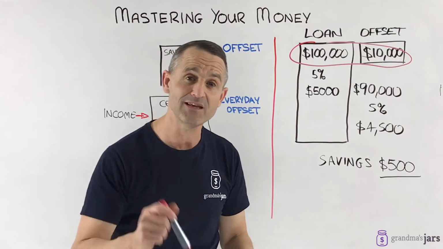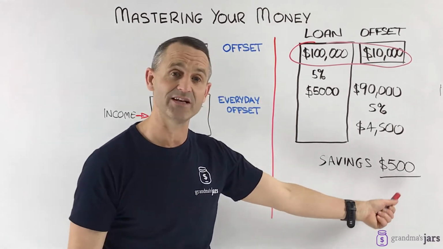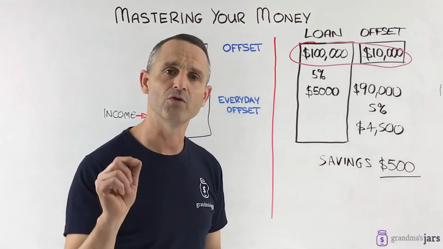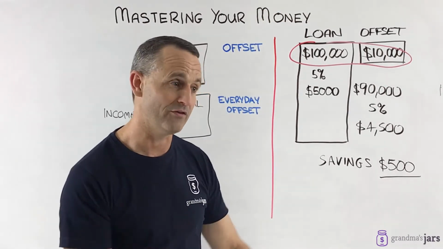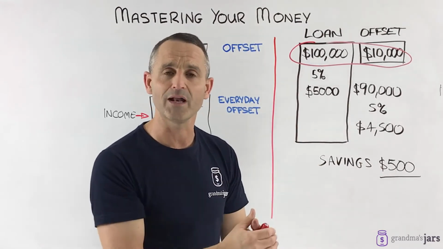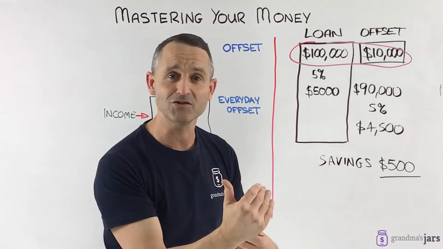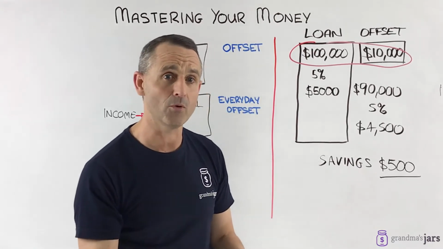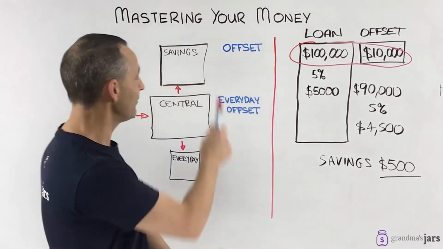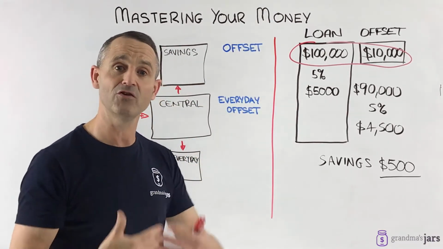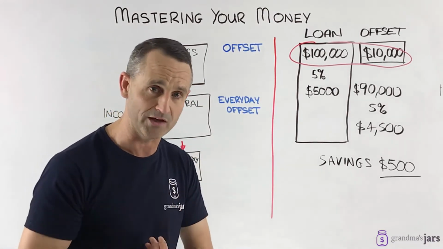And the better thing yet is, because you've actually saved yourself $500, not earned it, you don't pay any tax on it. Whereas if you had it in a high interest savings account, you would not only earn less interest, but you would have to pay tax on it as well. So where possible, you want to try and set up these bank accounts to be offset accounts, which means you are going to save money on your mortgage.